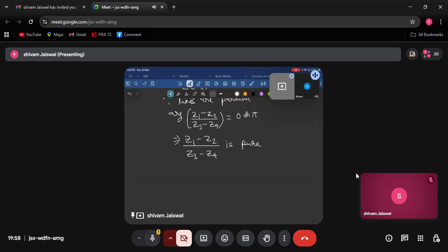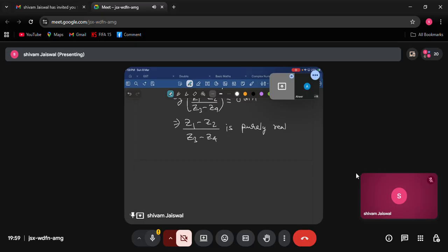All these will help us in vectors also, okay everyone? When we will learn vectors, this thing will be helpful. This implies Z1 minus Z2 upon Z3 minus Z4 is equal to Z1 bar minus Z2 bar upon Z3 bar minus Z4 bar. Remember, this is the condition for parallelism. Okay.